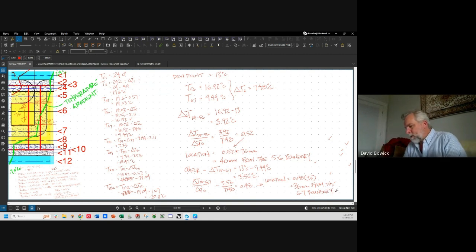So we calculated from the 5-6 boundary 40 millimeters, and from the 6-7 boundary 36 millimeters, and so that's correct. We got the same dew point moving either way.